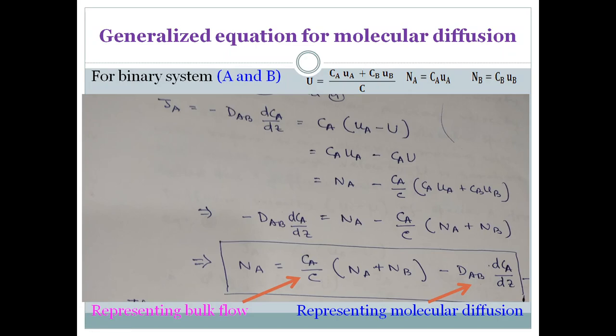So we should know that if you have a problem where concentration is expressed in terms of mole fraction, then you have to convert this equation in terms of mole fraction. Or in a gas phase system, if the concentration is expressed in terms of partial pressure, then you have to convert this equation in terms of partial pressure, and this is very easy.